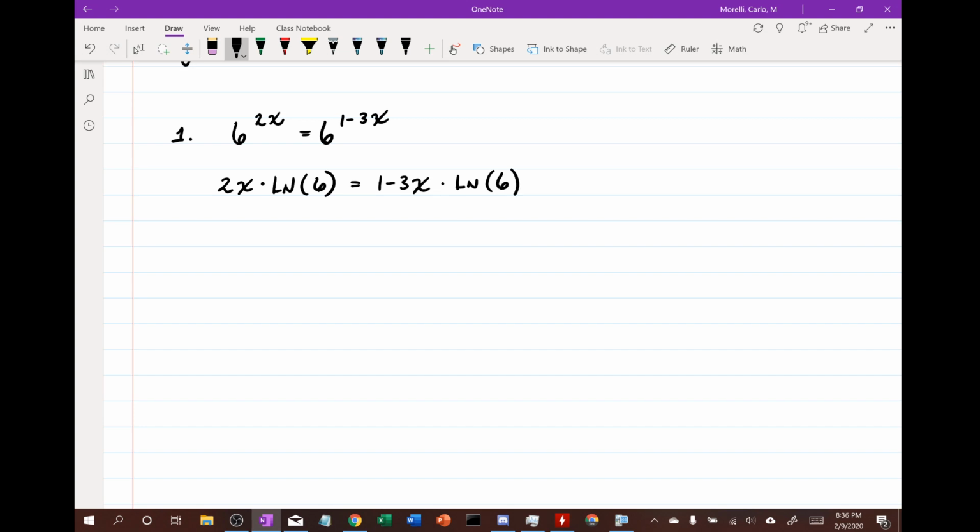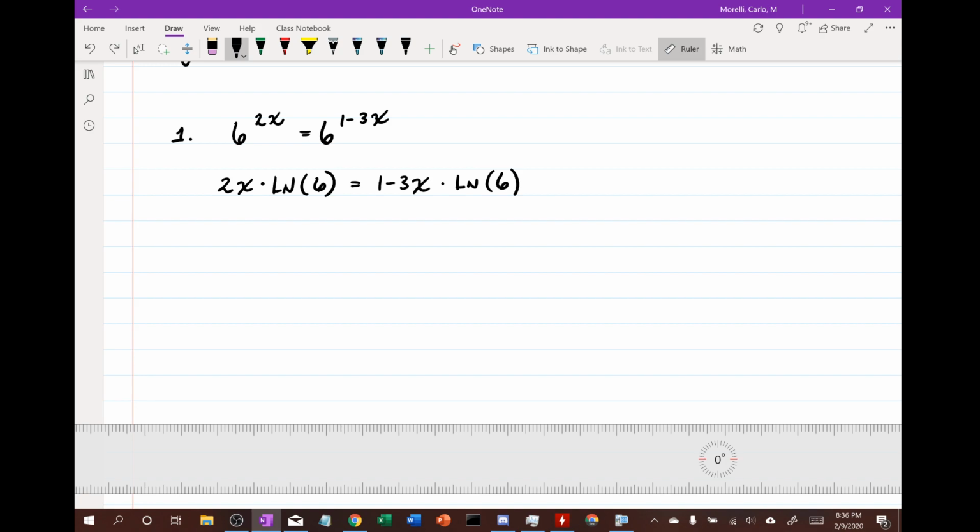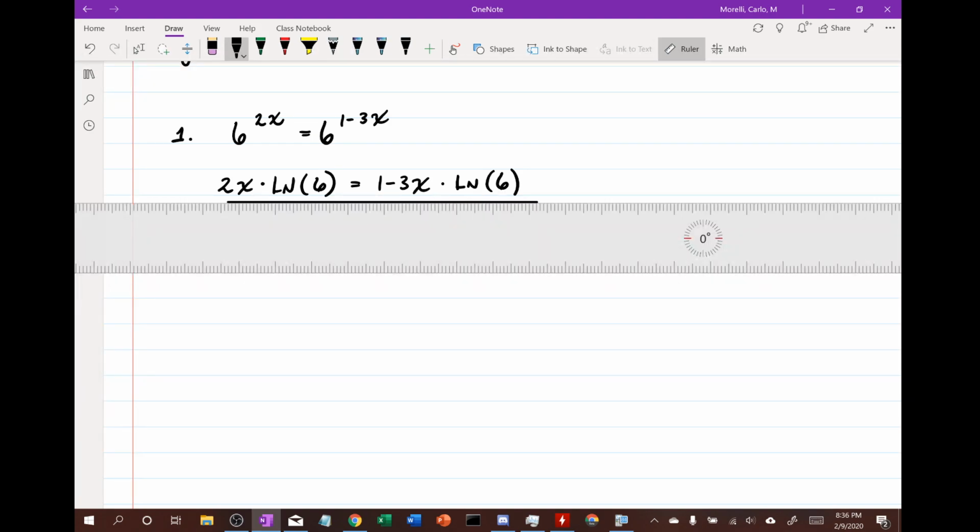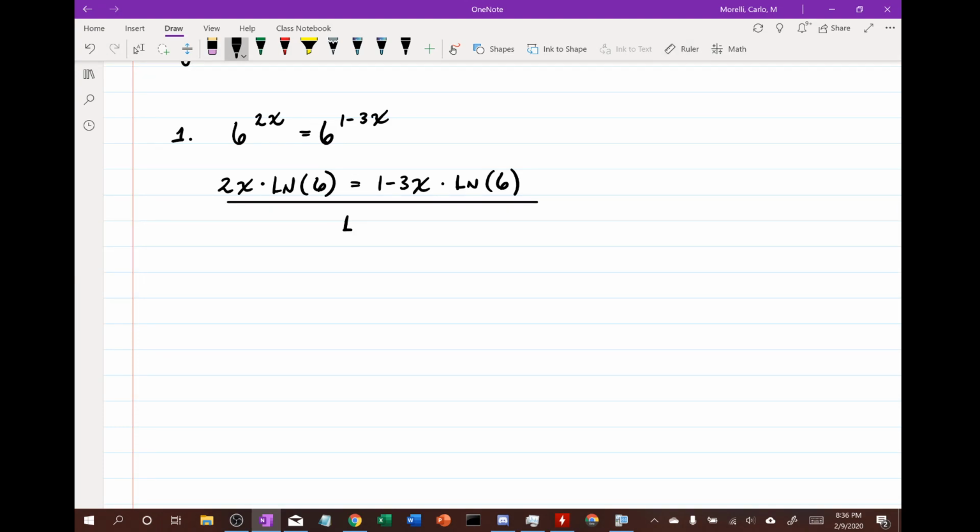And the beautiful thing here is when I divide both sides, if I divide everything by ln of 6, what I get is 2x times the ln of 6 over the ln of 6 equals 1 minus 3x times the ln of 6 over the ln of 6. Well, these cancel out, okay?